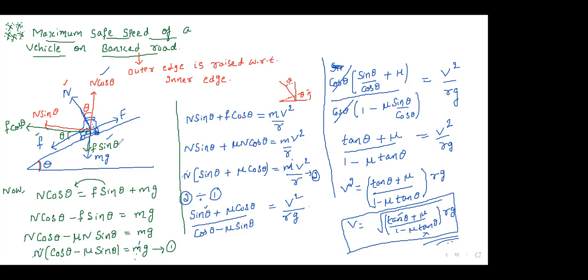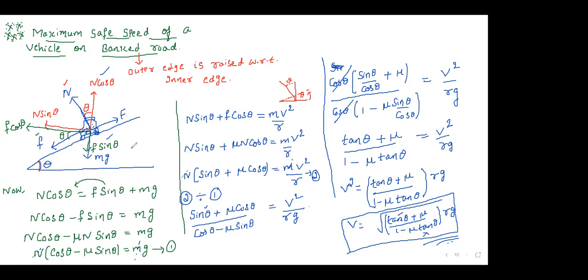So the vehicle will not move up and down. Suppose the vehicle is taking a turn, the passenger who is sitting inside the car, the body of the passenger will lean towards the center. The body will bend towards the center, but the body will not fall towards the center. That is pulled back with the centripetal force.